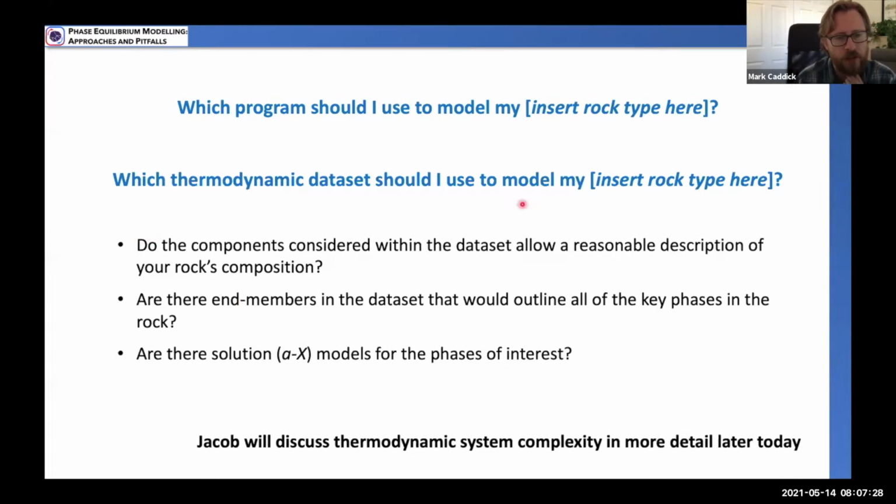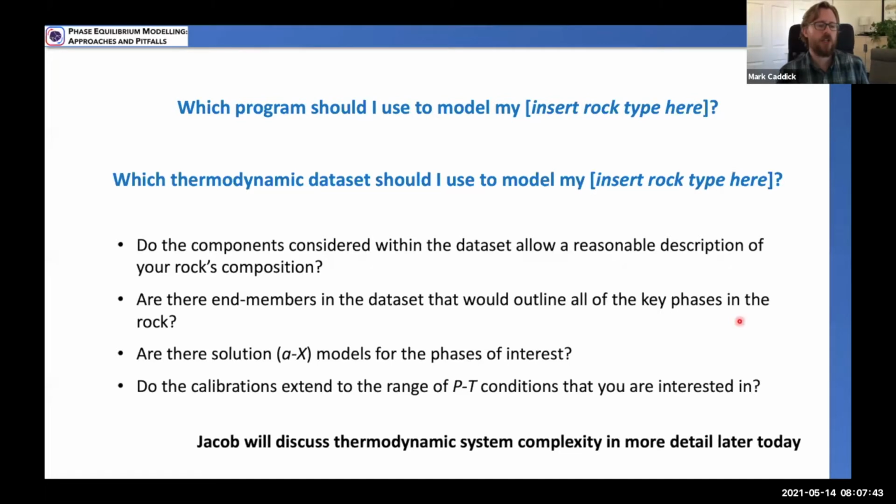If the answer to these are no, then it really doesn't matter what program we're using to address our problem, because we'll never really end up with the result that we're looking for. There's a subsidiary question here. Do the calibrations of these solution models or end member data extend to the range of PT conditions that we're interested in?